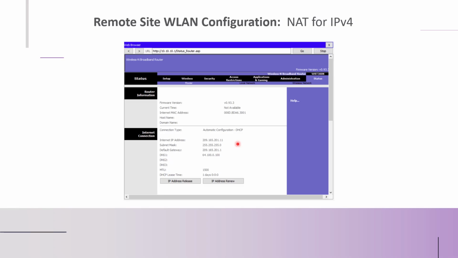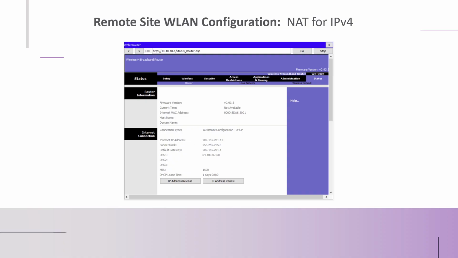Because all the devices on the router LAN will get assigned addresses with the 10.10 prefix. The address that is listed here is an IPv4 address which is publicly routable on the internet.